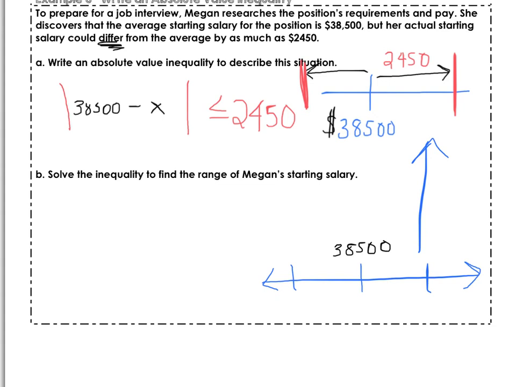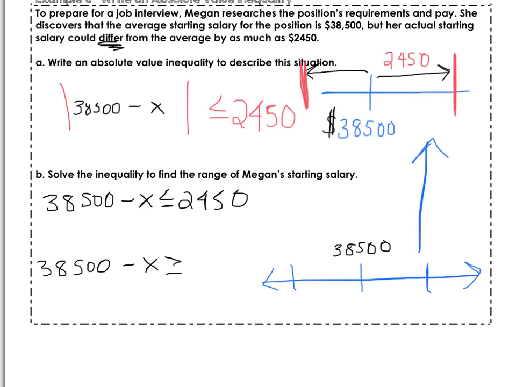So when we create our two separate cases, we have 38,500 minus x is less than or equal to 2,450, and we also have 38,500 minus x is greater than or equal to negative 2,450. I'm going to leave the rest for you to solve on this problem, and if you're still a little bit lost, make sure you're looking at the textbook.